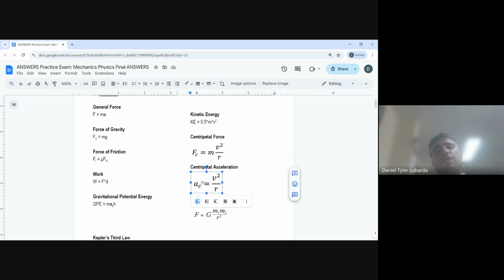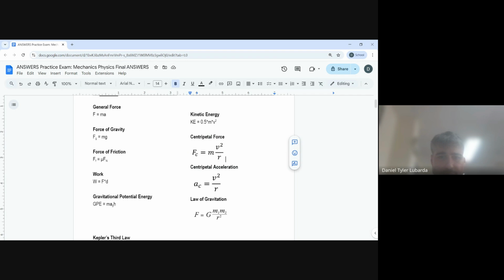So centripetal acceleration is the tangential speed. So the speed, as it's moving around, it has a speed that's tangent to the circular motion. That speed squared over the radius. Next, centripetal force is just going to be mass times centripetal acceleration. So again, mass times that tangential speed squared divided by r.